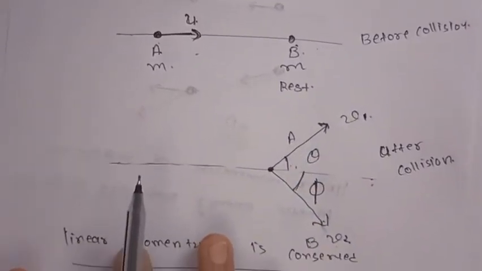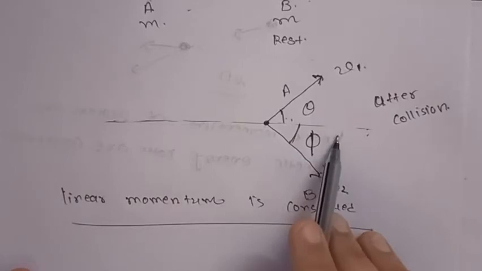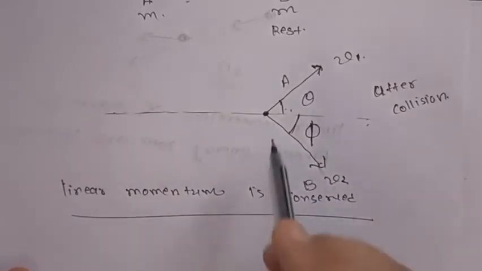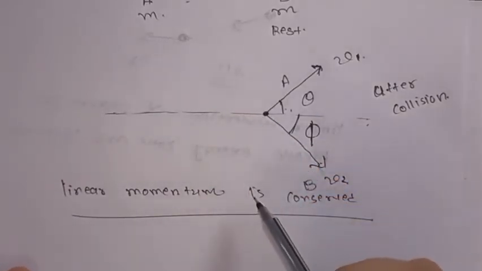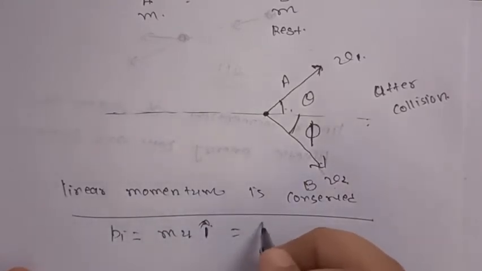So the final linear momentum must be directed along the x-axis only, so this vertical component will cancel out. Initial linear momentum will be mu i cap. That should be the value of the final linear momentum.